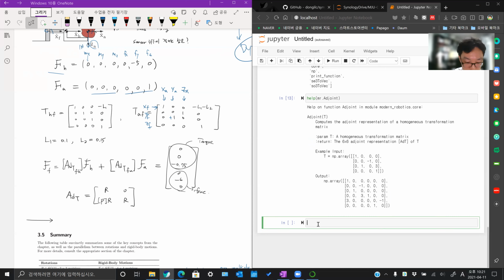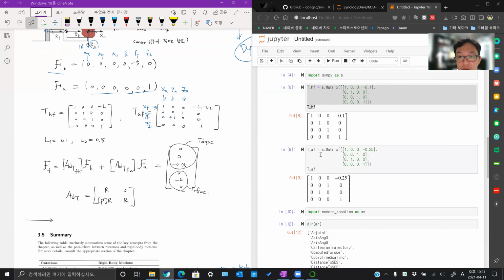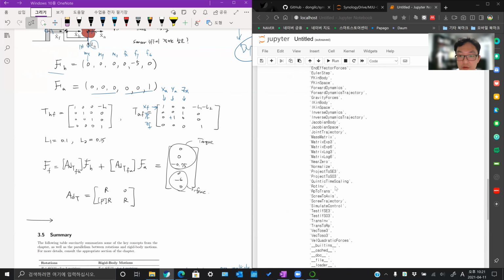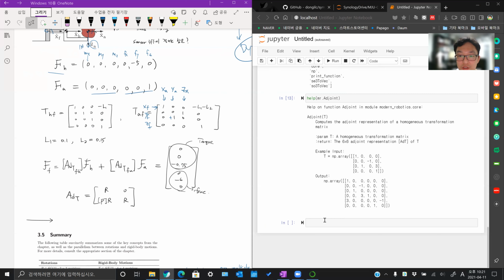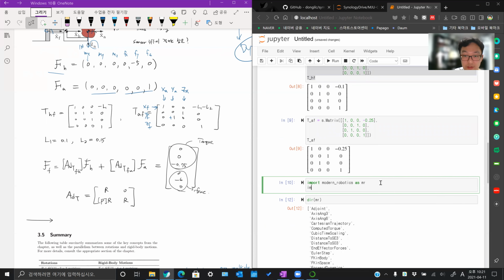Okay, let's make T again. In the case of MR, we should use NumPy. So let's import NumPy also.